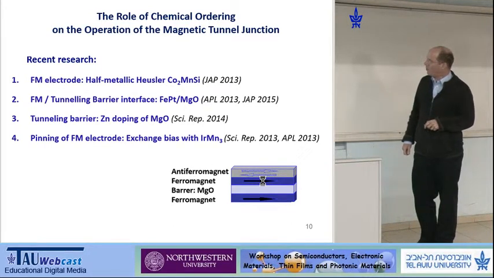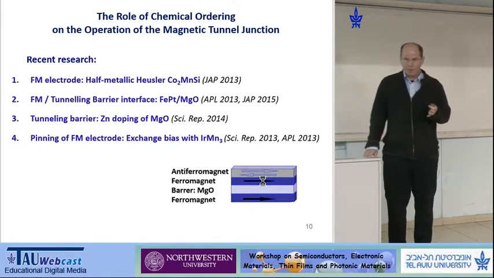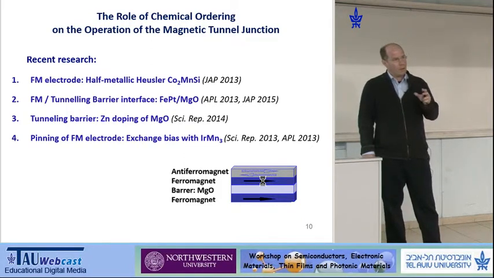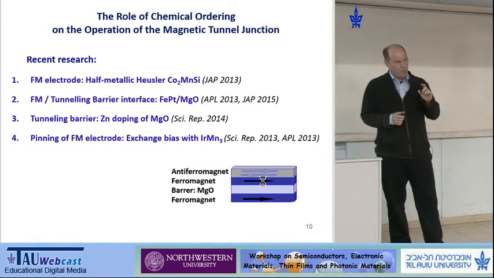Now, I've been showing you these magnetic moments which are parallel to the thin film structure. But in fact, in the last, say, 2-3 years, the media in the hard disk drive has moved to a situation where it's perpendicular. The magnetic moments are perpendicular to the thin film or to the platter of the hard disk drive.